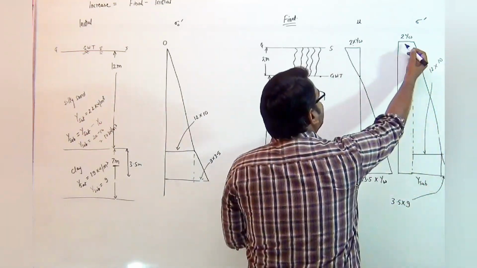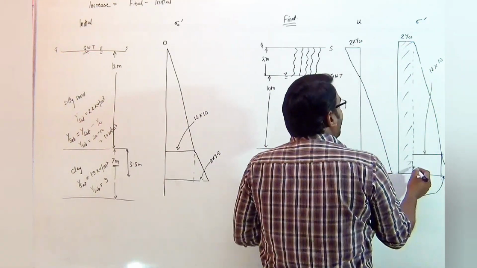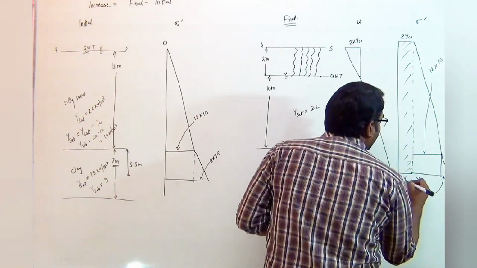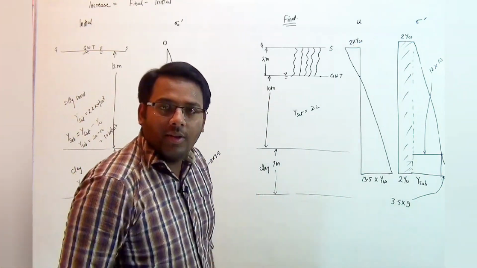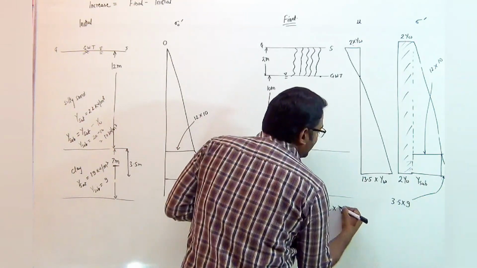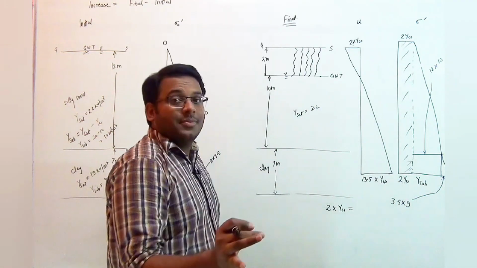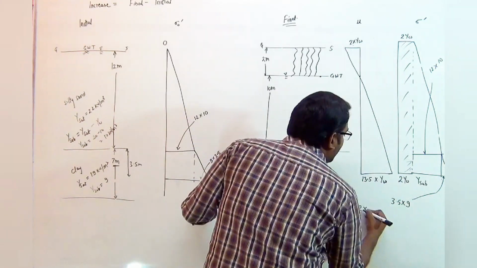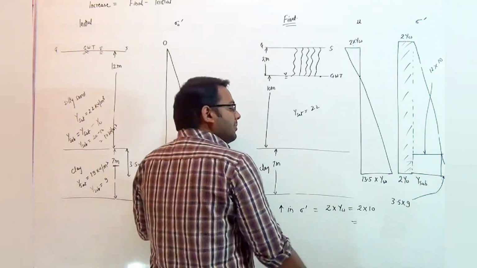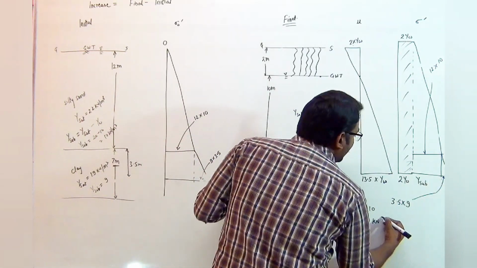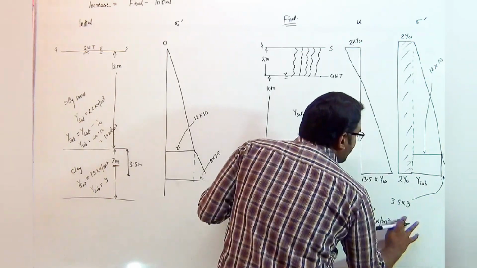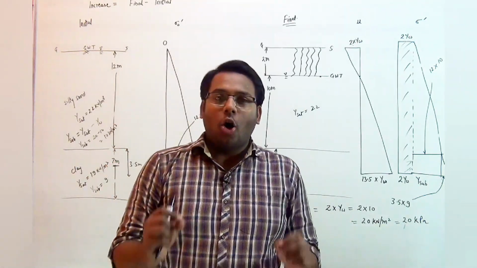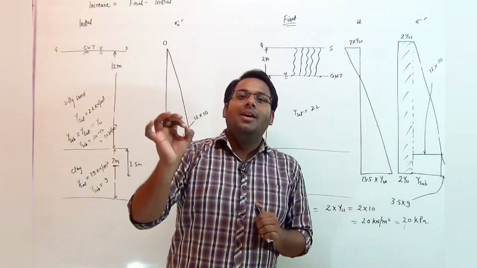As this portion is extra, you can easily say that the effective stress will increase by a value of 2 into gamma W. And if gamma W is taken as 10, the increase in effective stress will be equal to 2 into 10. Hence it will be 20 kilonewton per meter square, which can be written as 20 kilopascal. You can easily look at the options, and hence you can easily pick the correct option.